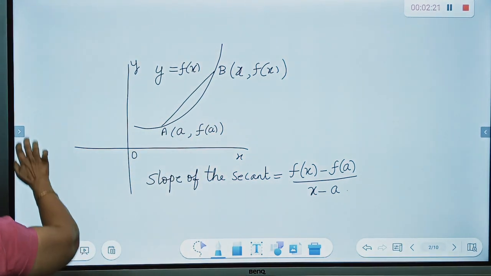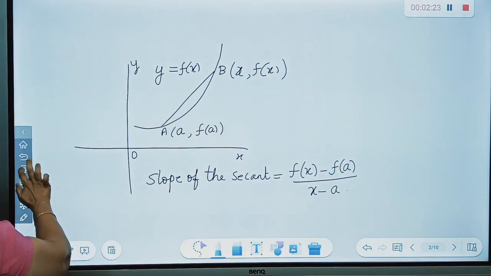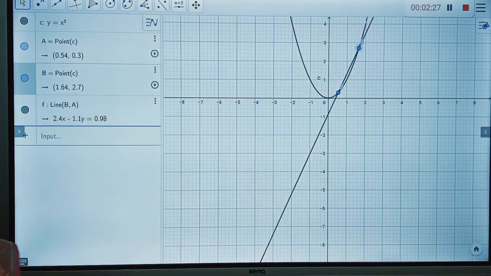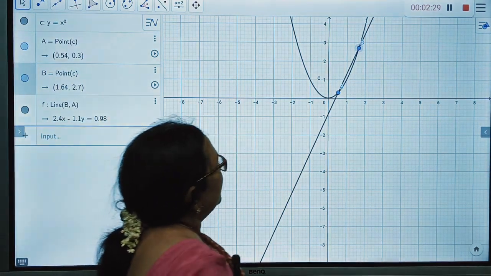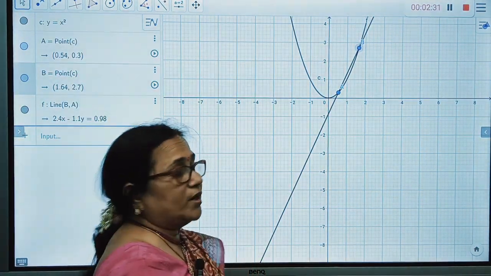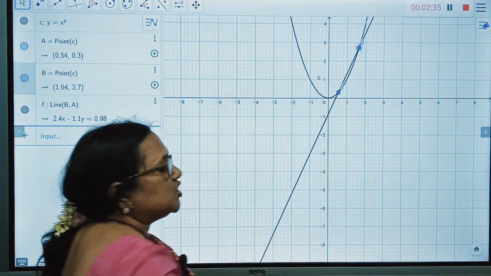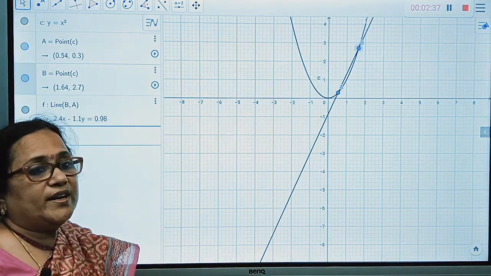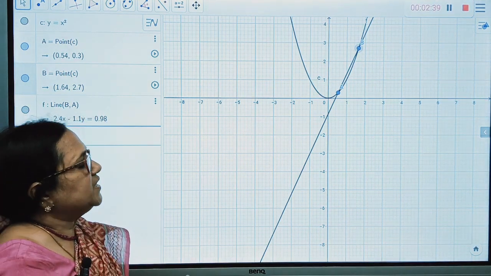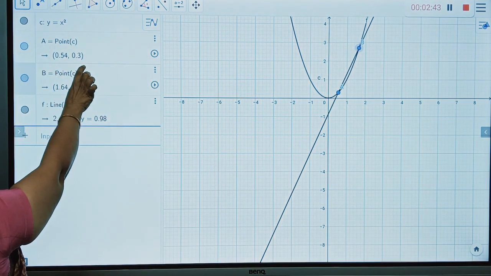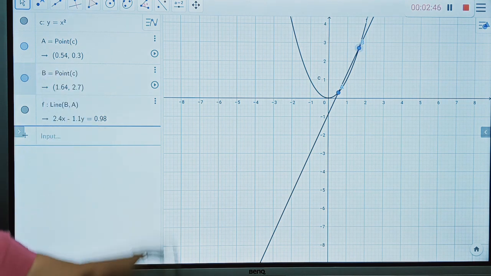I am going to use GeoGebra to show you that. So I have just taken a curve y equal to x square. I have 2 points A and B. A is small a comma f of a. Of course, if you want the actual coordinates, you can see 0.54 comma 0.3.